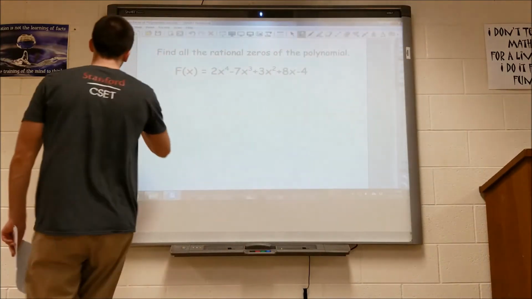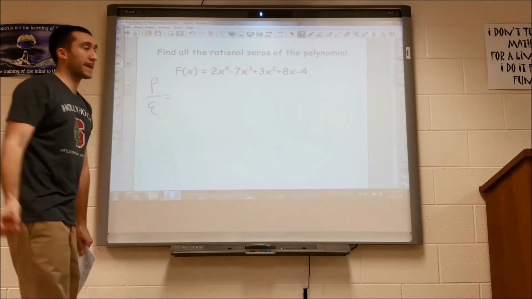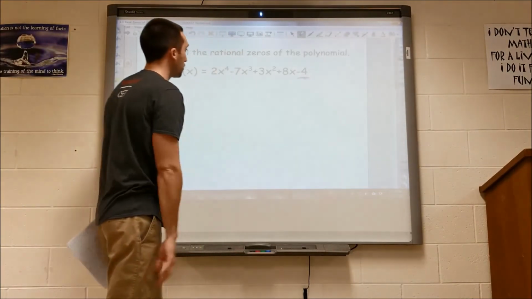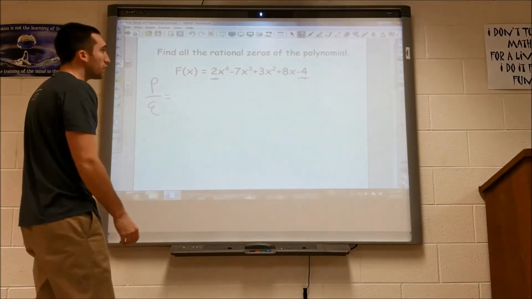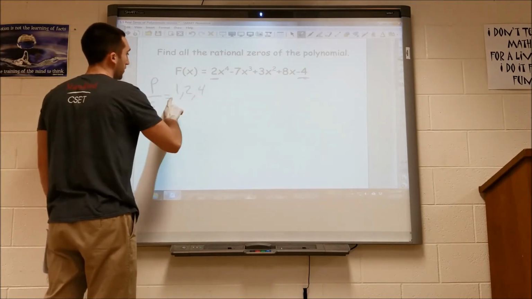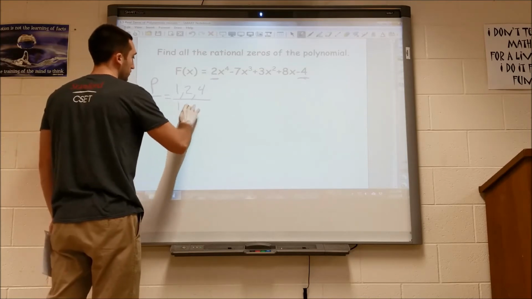Again, we're going to start out with our p over q. And again, p being the factors of our constant and q being the factors of our leading coefficient. So the factors of p, 4, are 1, 2, and 4. The factors of q are 1 and 2.